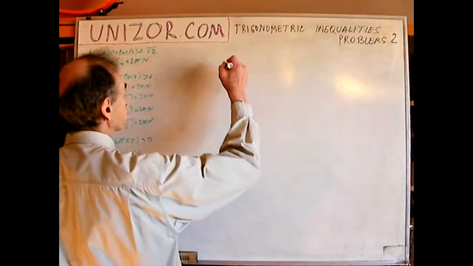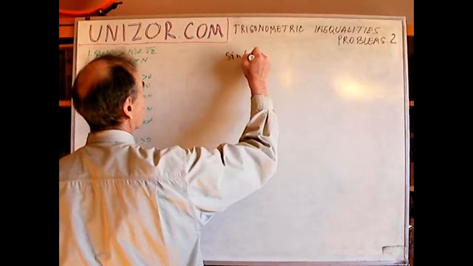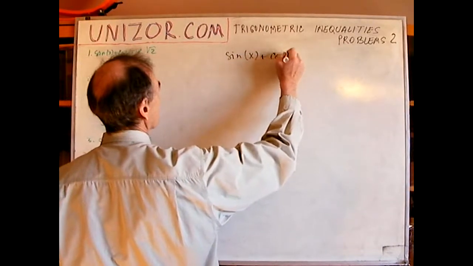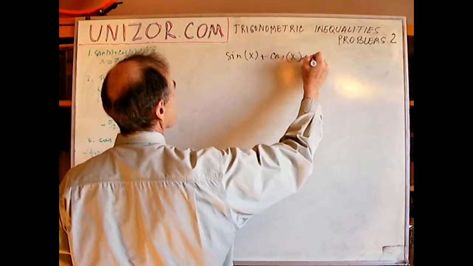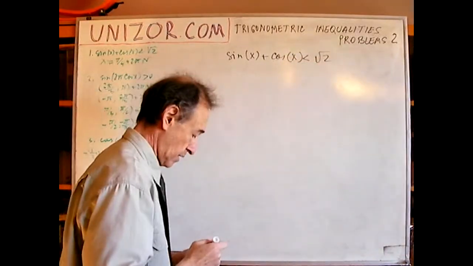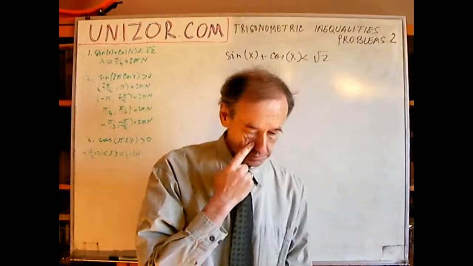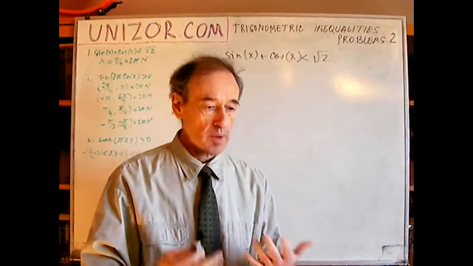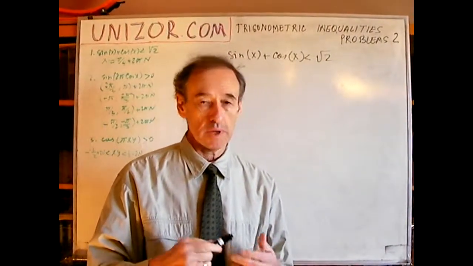All right, the first one: sine of x plus cosine of x less than square root of 2. Obviously, we can do it in many different ways.